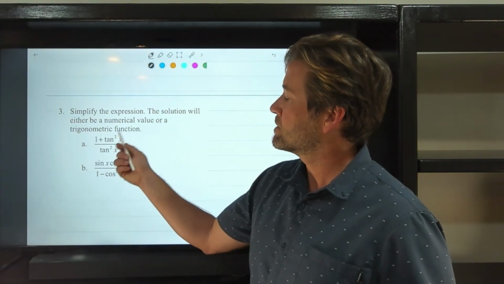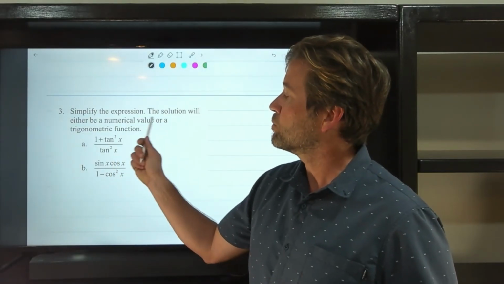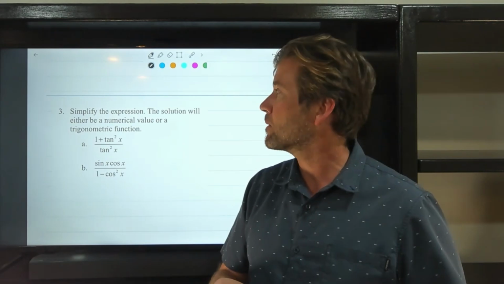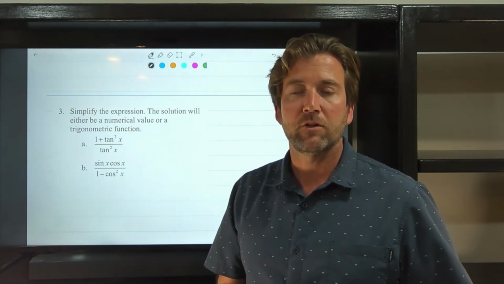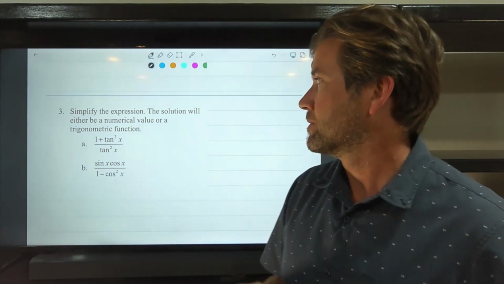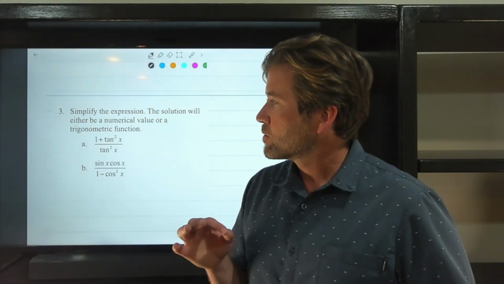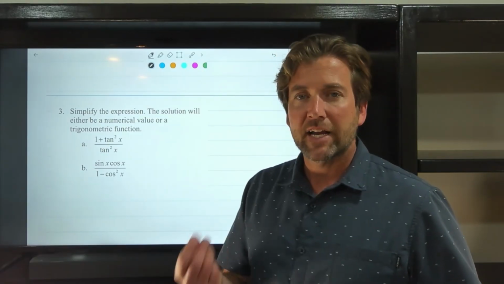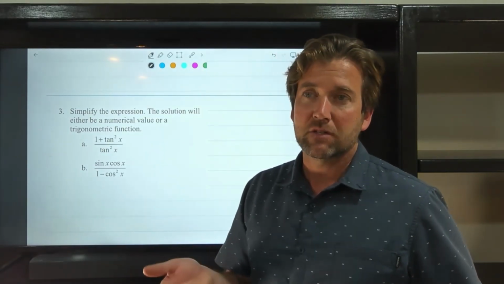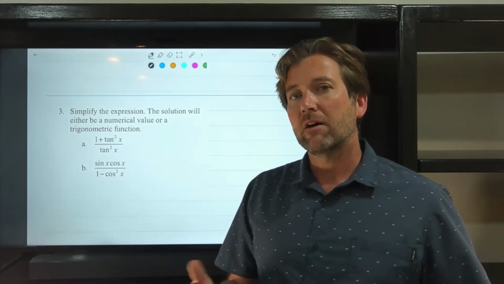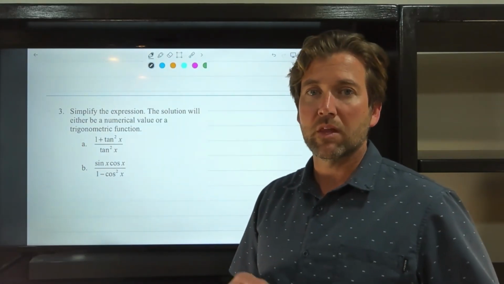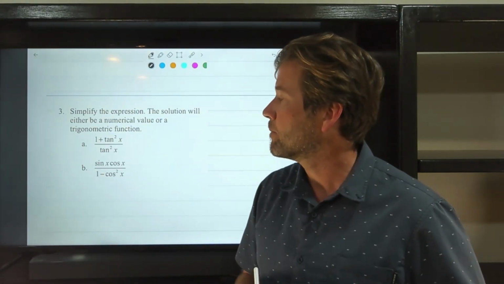It says simplify the expression, and it says the solution will either be a numerical value, so a number, or a trigonometric function, so a trig function. Since the College Board is really specific and they say rewrite it as a tangent function, then you'd have to have tangent. For my questions here, we might have 2 different possible answers for each one that would be correct, and we'll talk about that right now.